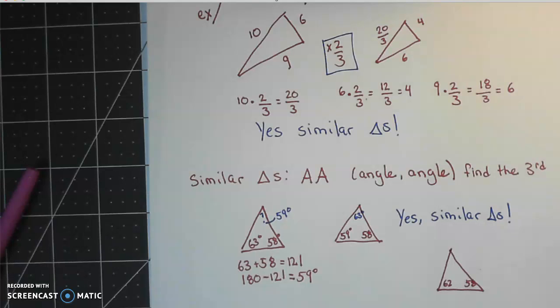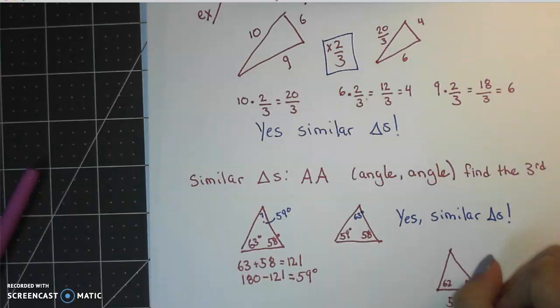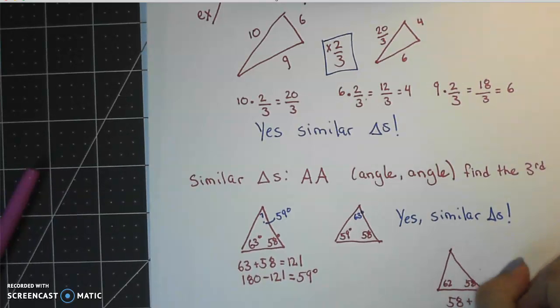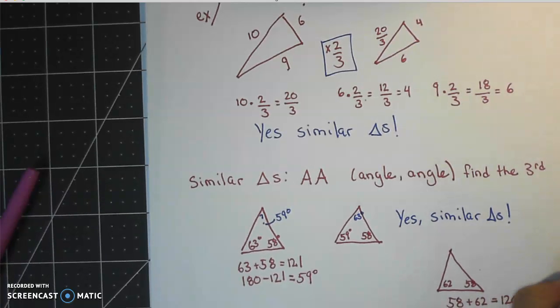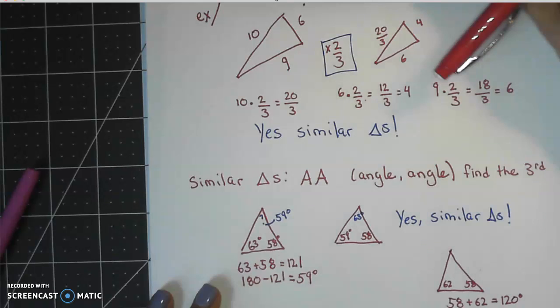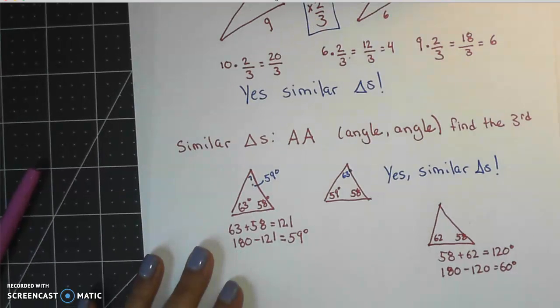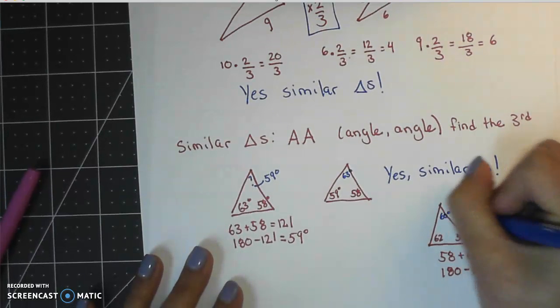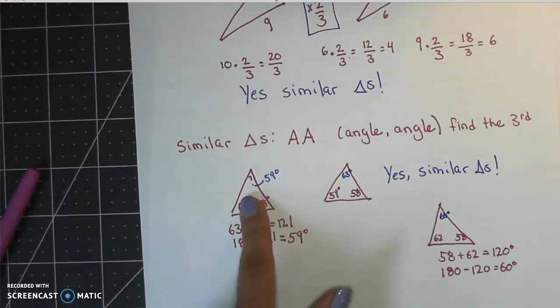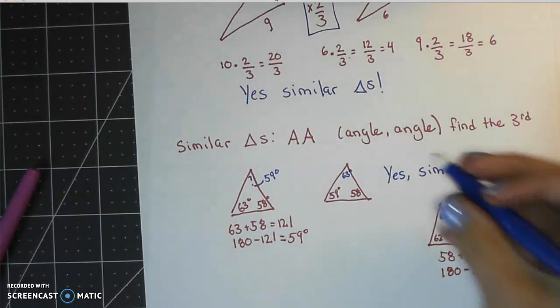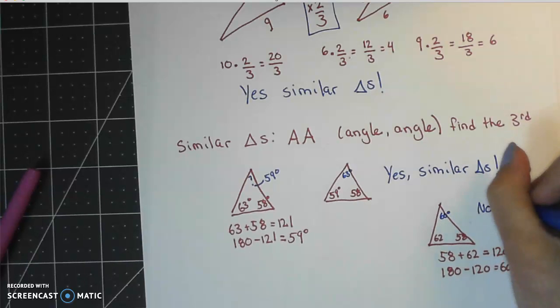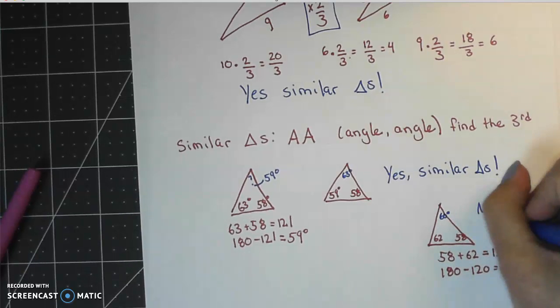Well, 58 plus 62 is 120 degrees, which means 180 minus 120 is 60 degrees. So that angle is 60 degrees, and it's not the same. It's 1 degree off. So this is no, not similar triangles.